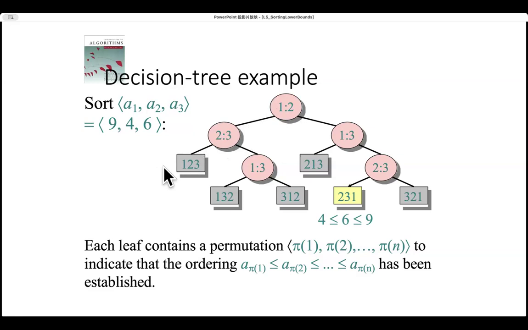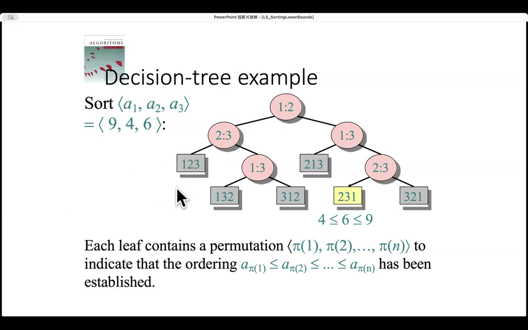But regardless of the result of 1 and 3, it must go to the left-hand side. It's impossible to go to the right-hand side.